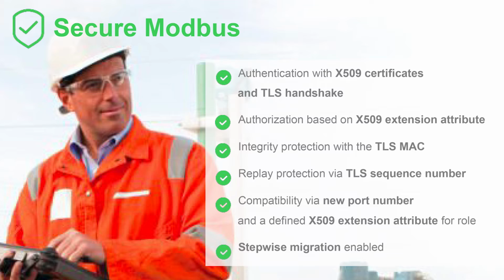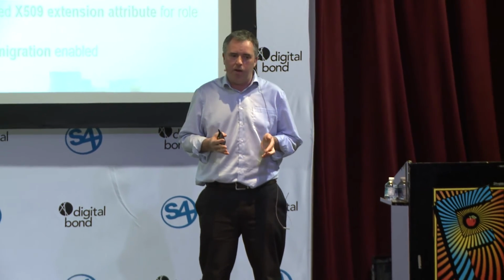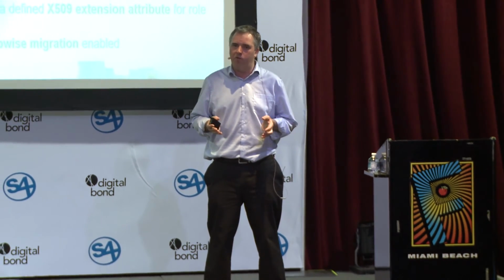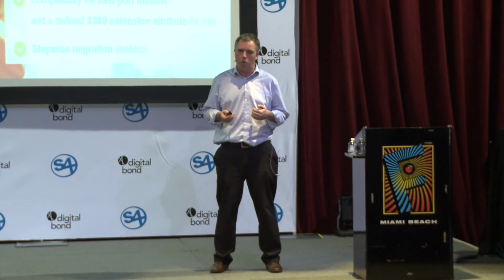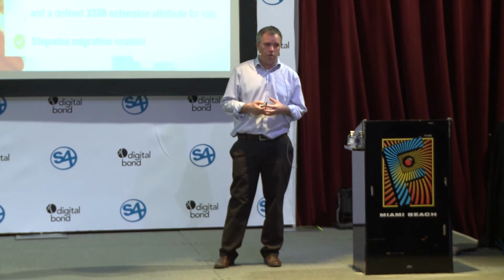And we've seen how we can do this with the new port number and the X509 extension based on a standard OID that's registered. And we've also seen we have ways to do migration, in that the use of Secure Modbus doesn't exclude normal Modbus. People can do this in a step-by-step way. So that's where we are.